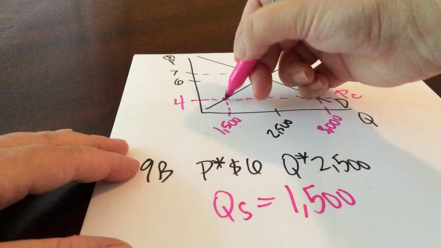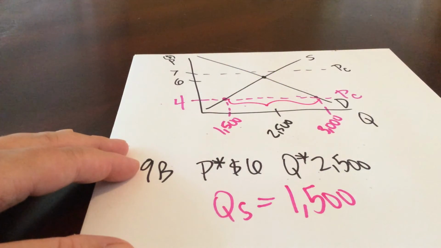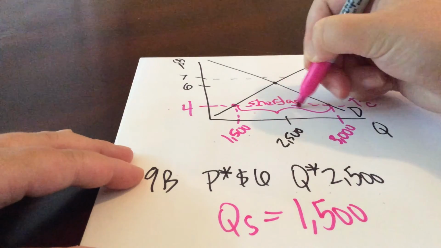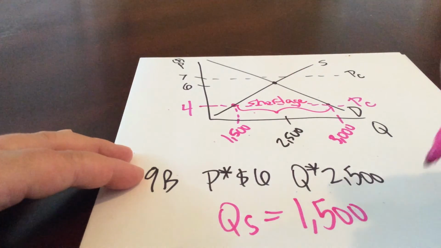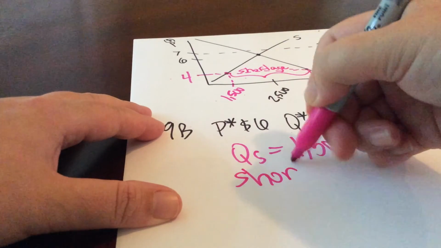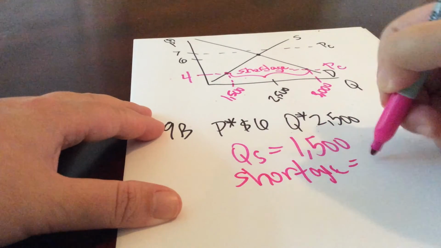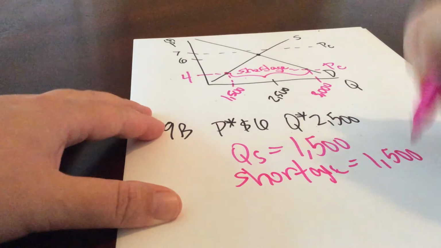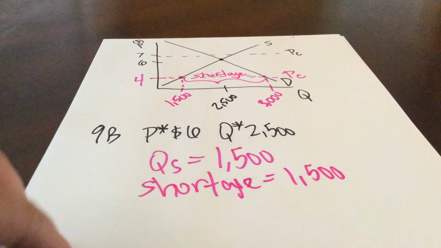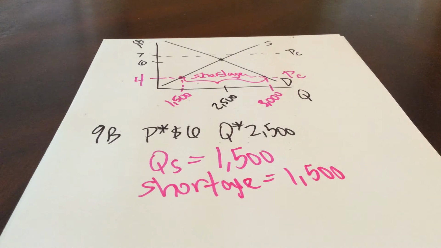Well, our shortage is the difference between quantity demanded and quantity supplied. How much does quantity demanded exceed? So this area here represents our shortage. And so we would find the shortage is equal to 3,000 minus 1,500, or 1,500 meals.